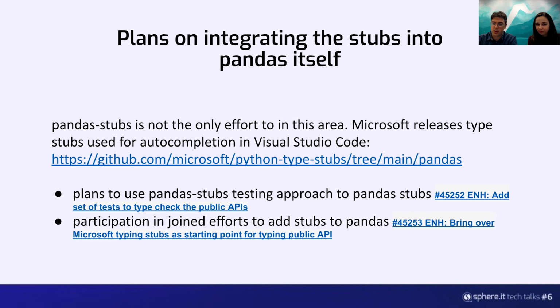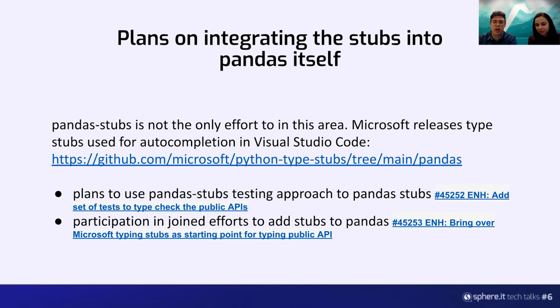It's fair to say that pandas-stubs isn't the only effort in this area. Microsoft has been releasing type stubs for a lot of Python projects which are used for auto-completion in Visual Studio Code. We have attached the link, and they are pretty good as well. We don't see them as competitors.